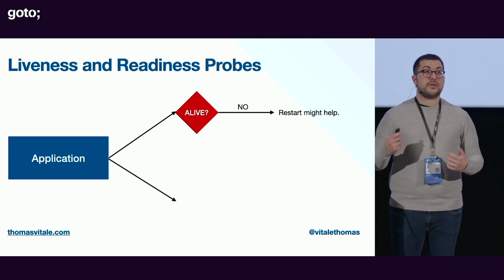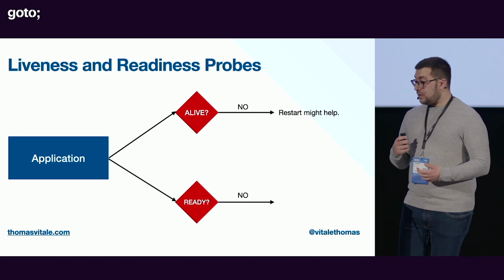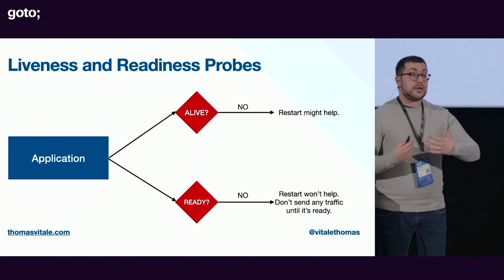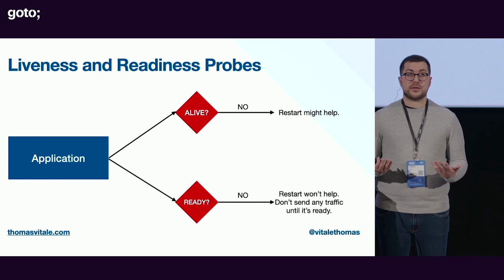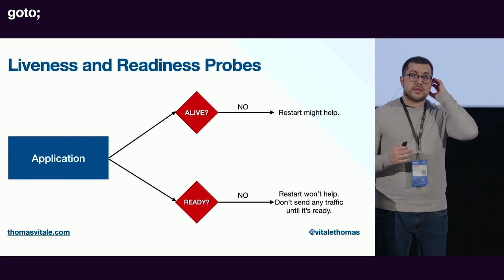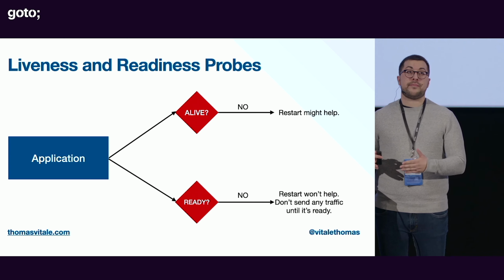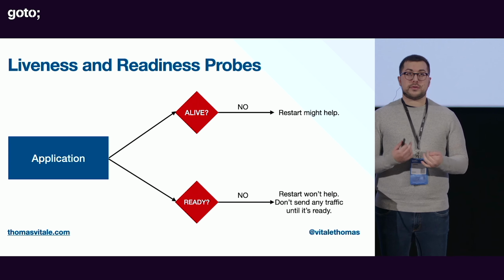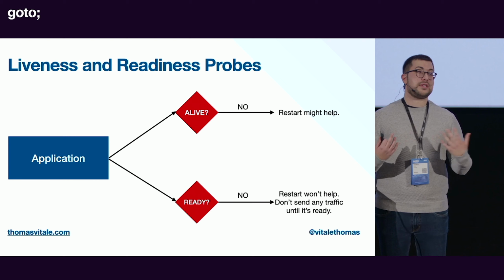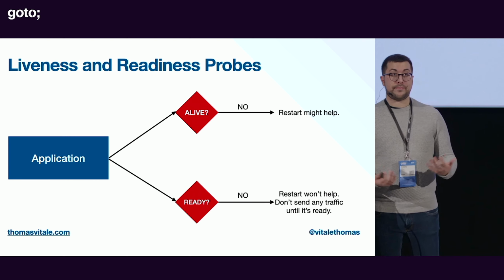The other state is the readiness state. If the application is not ready, it means that it's not able to process any new request, temporarily at least. So Kubernetes will stop sending traffic to that specific instance. That's really great, so the users will not notice any issues, because we have other instances that will accept the traffic and process the request.